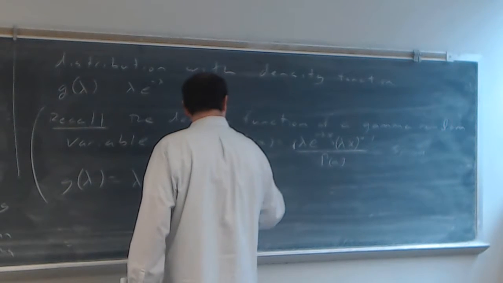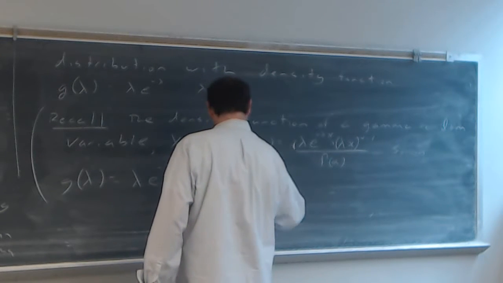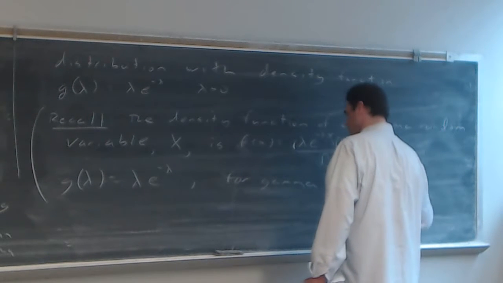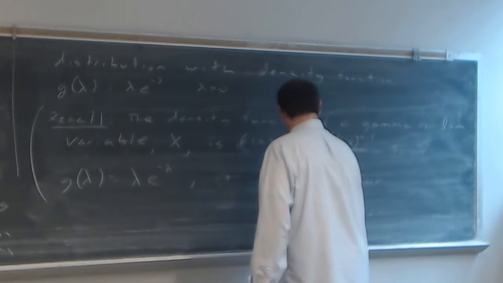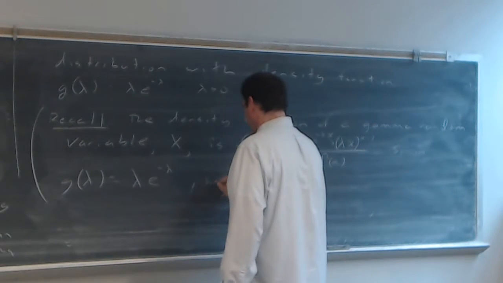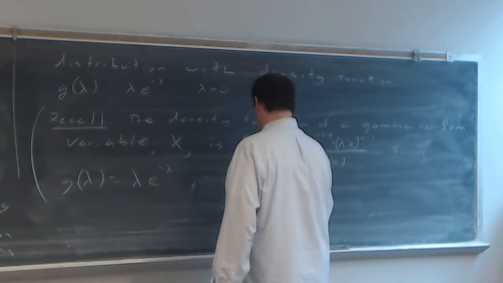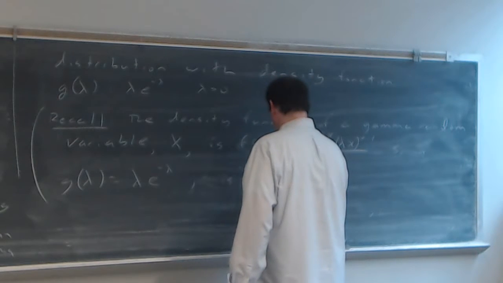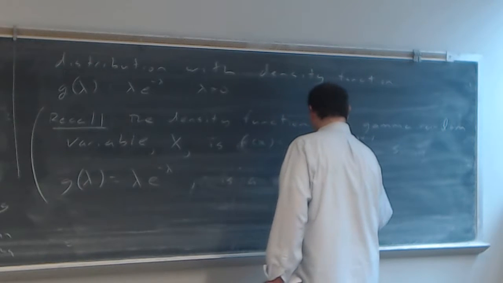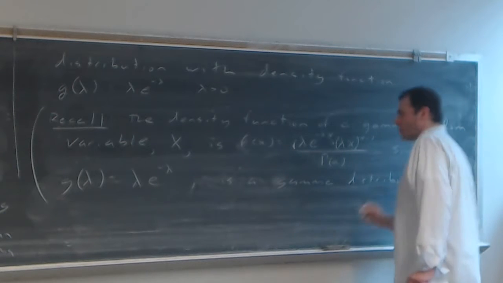Here are lambda and alpha. We have parameters. This is a gamma distribution with parameters.